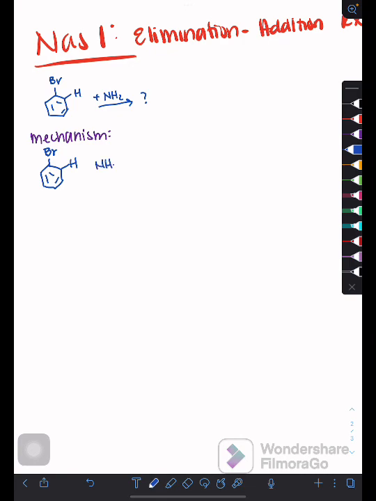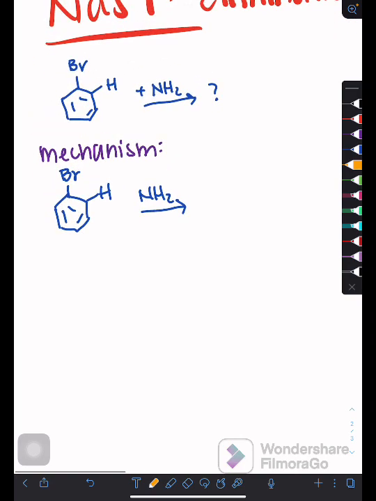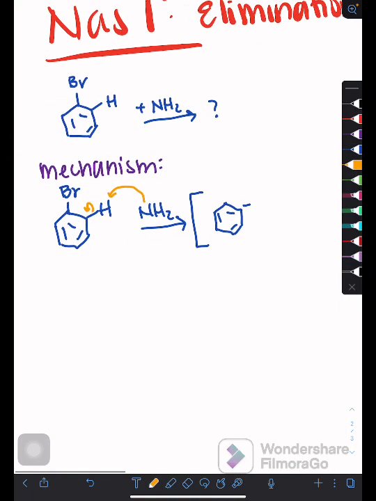You have this NH2 here. And this N is going to attack the hydrogen, and then the hydrogen is going to give back its bond to that carbon. And then we get this. And then the bromine also leaves here.